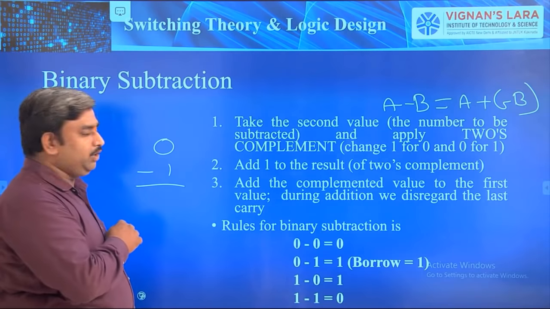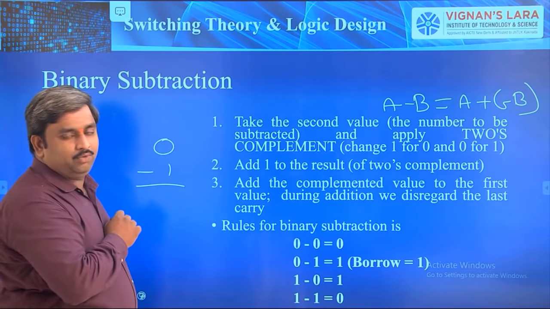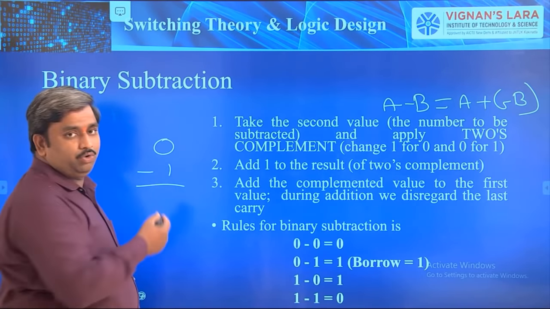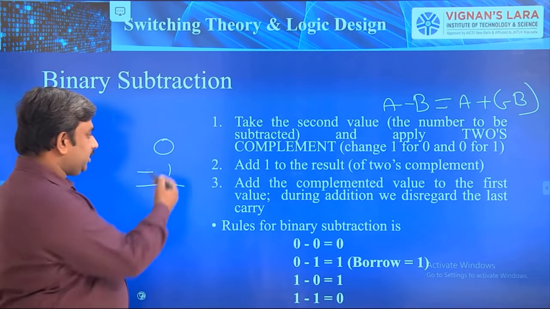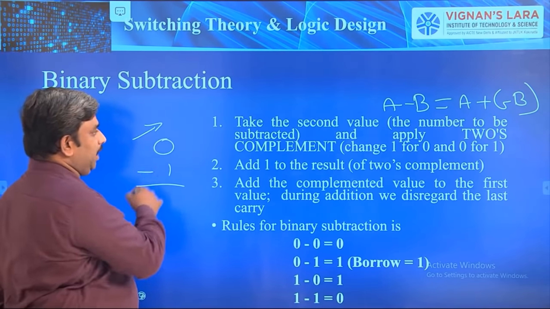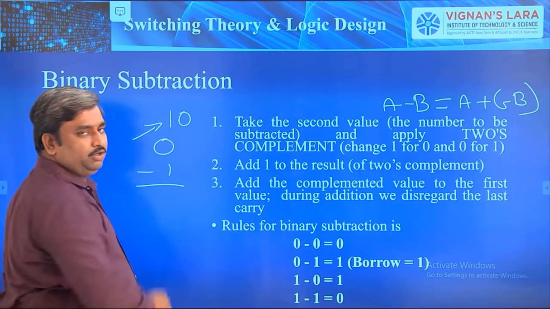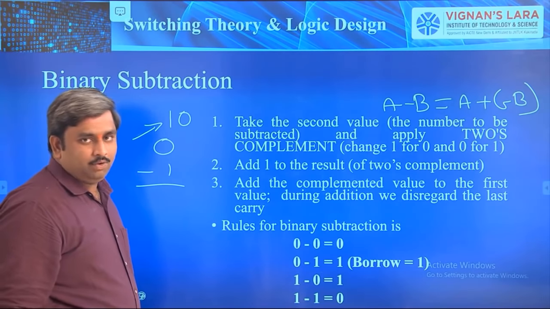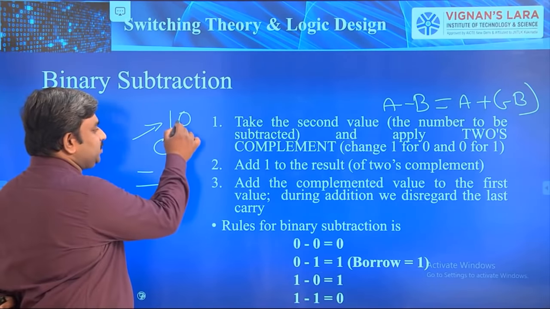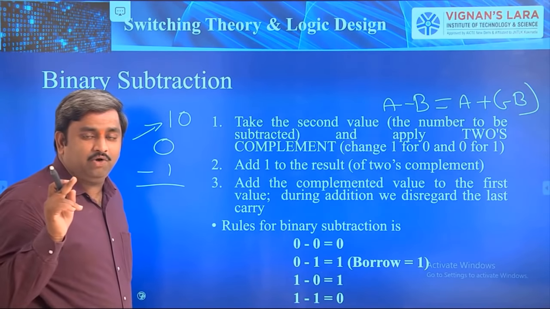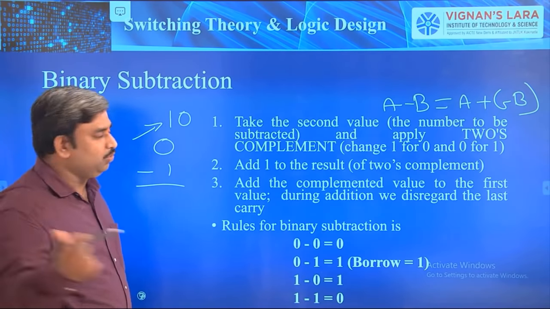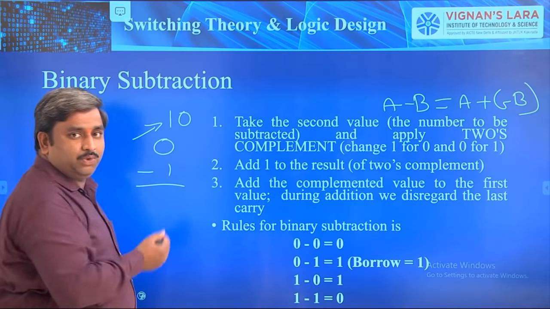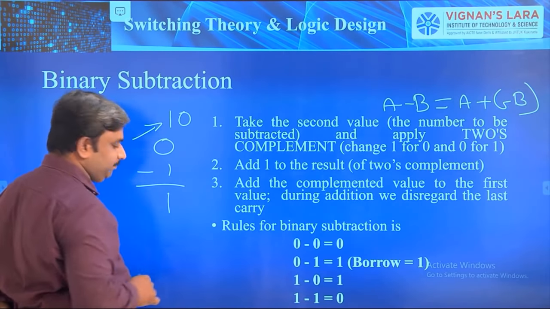0 minus 1. Generally here we don't have enough value to subtract, so you have to take some borrow. If you take the borrow, the value becomes 10. The value of 10 in binary is equal to 2 in decimal. 2 minus 1 is 1, so the answer is 1.